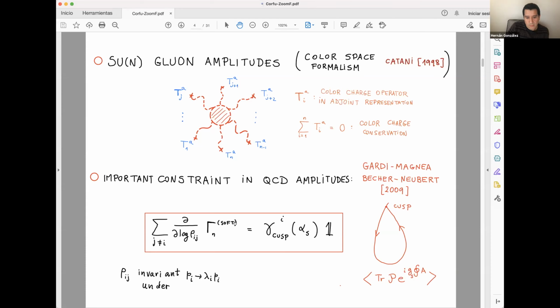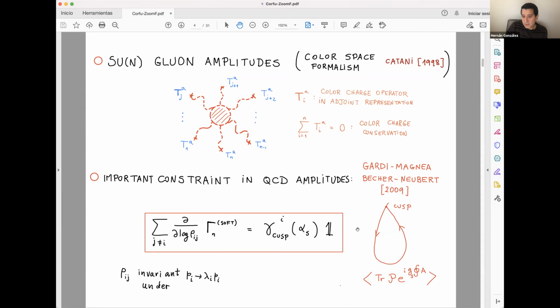This is the soft part of the anomalous dimension, and it happens to be equal to the cusp anomalous dimension. This cusp anomalous dimension is a number that you can obtain order by order in perturbation theory. Here, alpha S corresponds to the strong coupling.